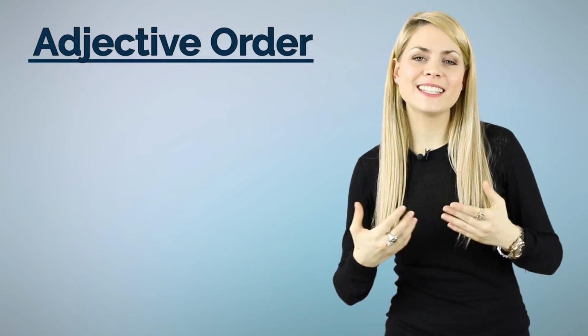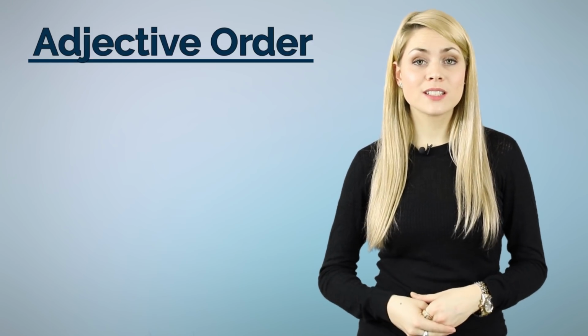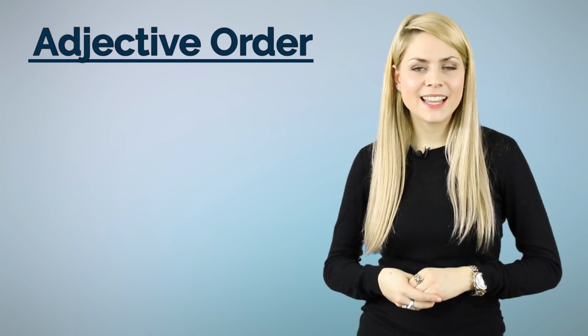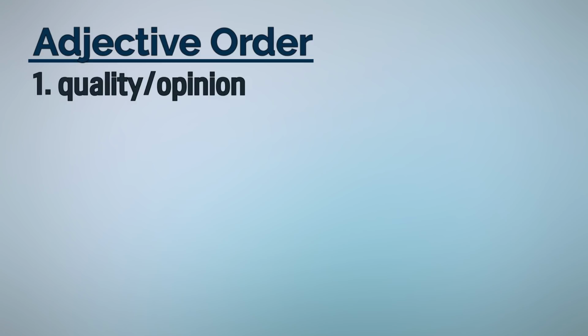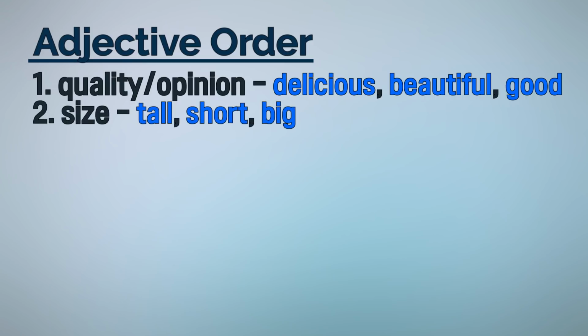Let's take a look at this adjective order. It looks like a lot at first, but you will learn very fast and practice will help. Let's have a look together. First, we will use the adjectives describing quality or giving your opinion, like delicious, beautiful, or good. Then we will talk about size. Adjectives like tall, short, big.